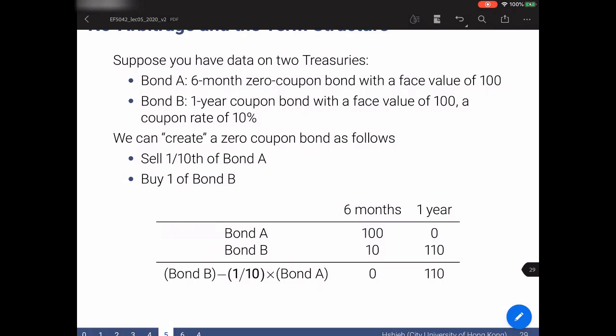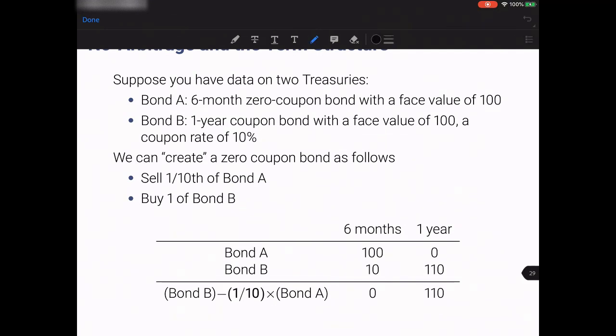If we sell 1/10 of bond A, then we only have to pay out 1/10 of 100. So at the end of 6 months, 1/10 times 100 is 10, multiplied by -1 is -10. We add these together, and that's going to give us 0.